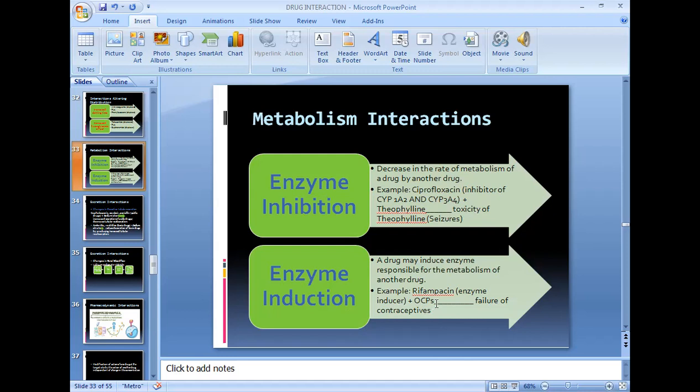So there will be increased metabolism of the oral contraceptive, which results in failure of oral contraceptive response.